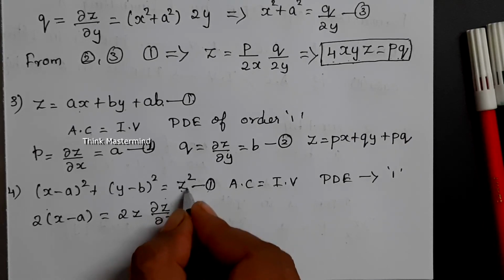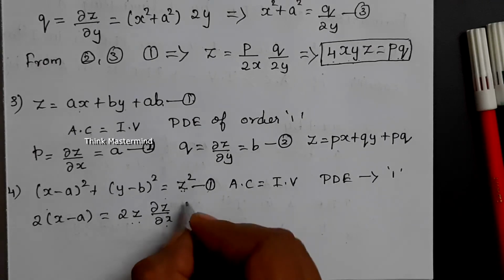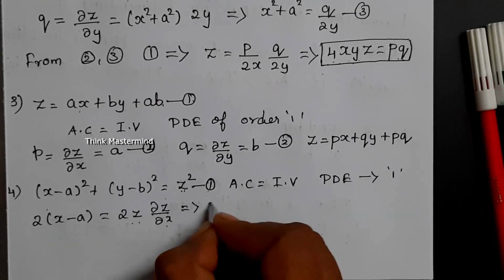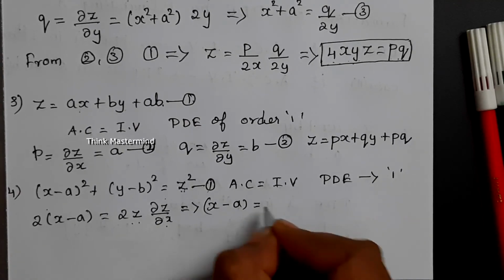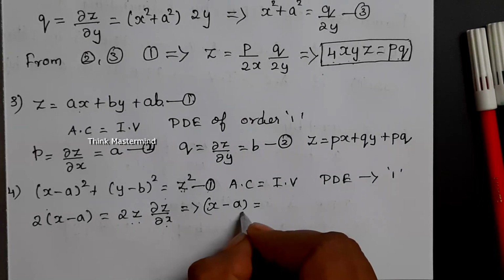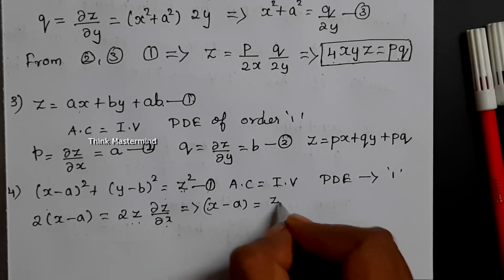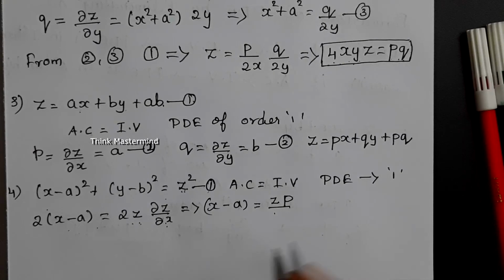Differentiating z squared with respect to x gives 2z into dou z by dou x. That can be written as x minus a is equal to, the 2 are cancelled, so x minus a is equal to z into dou z by dou x, written as p, x minus a is equal to z into p.